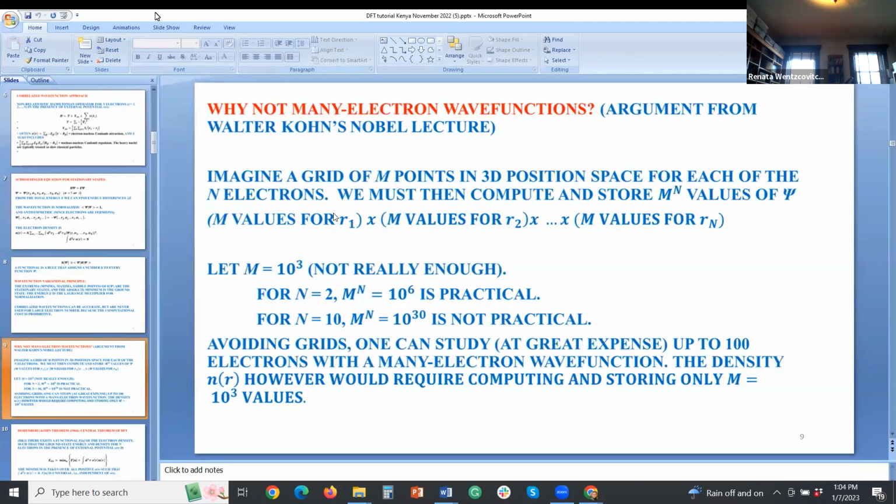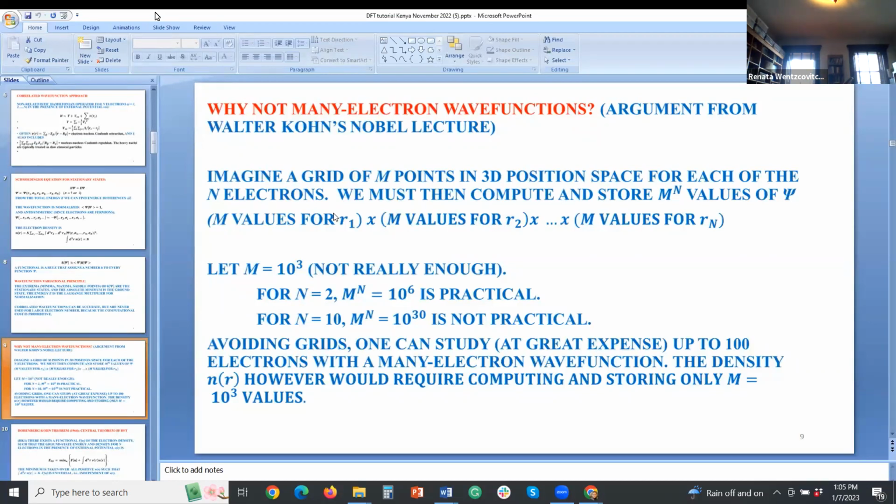So it seems like we can't even do a 10-electron system with wave function theory, but that's not quite right because quantum chemists don't really use grids. They use basis sets. And with these basis sets, they can study at great expense systems of maybe 100 electrons with a many electron wave function.